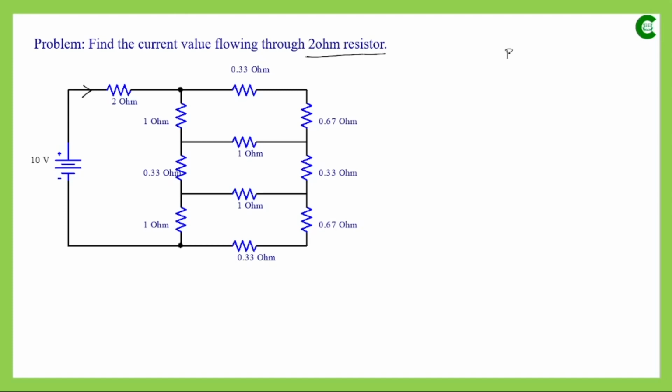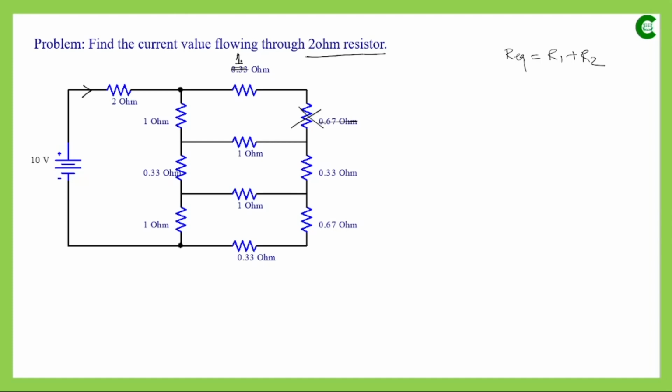The equivalent resistance of that series connection will be simply R1 plus R2. So these two resistance values will be added, and 0.33 plus 0.67 gives an equivalent resistance of 1 ohm. In the simplified circuit, instead of these two resistances, there will be a single resistance of 1 ohm.